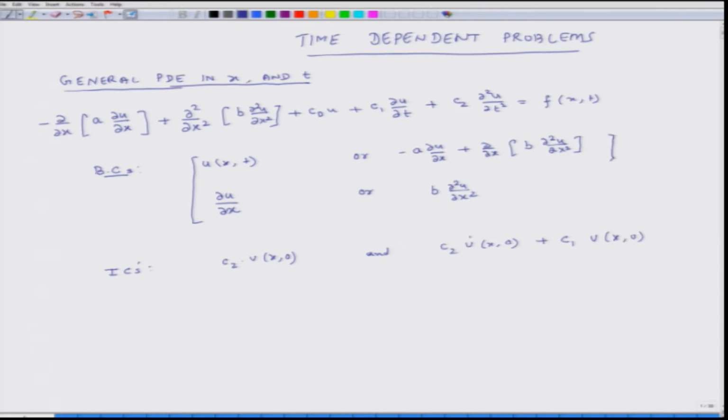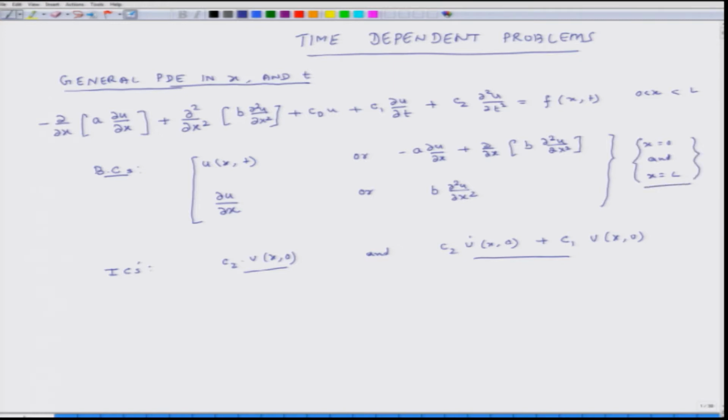So, these conditions we have to know. This partial differential equation is valid for the range x between 0 and L. So, these boundary conditions have to be specified at x equal to 0 and at x equal to L. For the initial conditions, which are 2 in number, they have to be specified at time t equals 0.